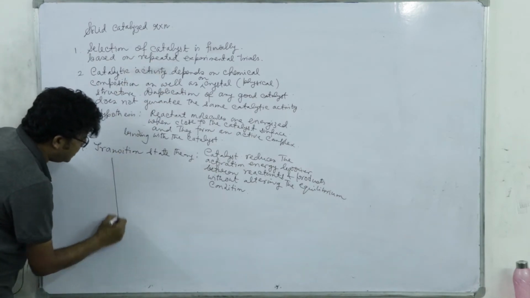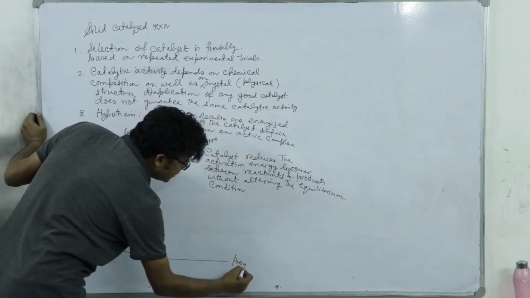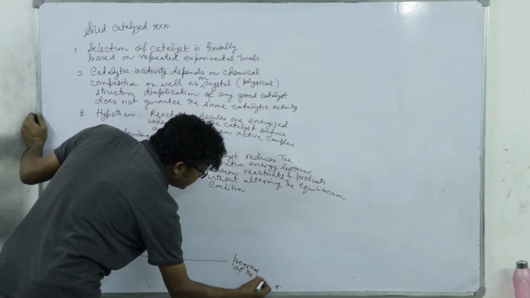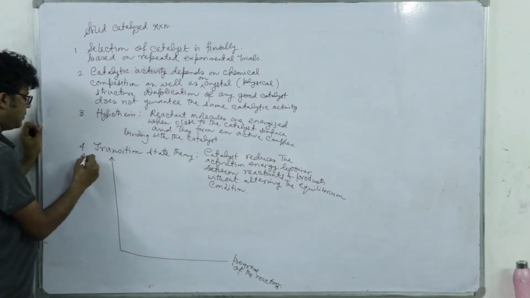So, we can pictorially represent it. This is the progress coordinate, or progress of the reaction, we are plotting here, and on the y axis we plot energy.